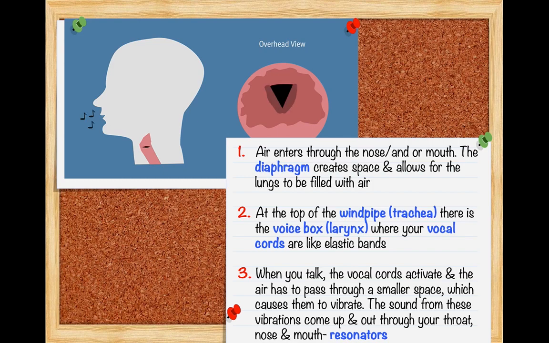So the job of your diaphragm is actually to help this entire process. And this is why actors have to learn to use their diaphragm when they're speaking instead of their throat or their vocal cords, so that these parts don't get damaged.